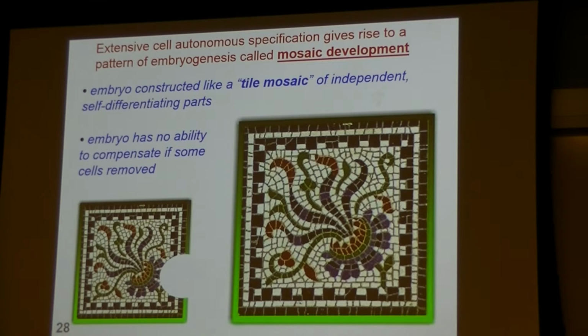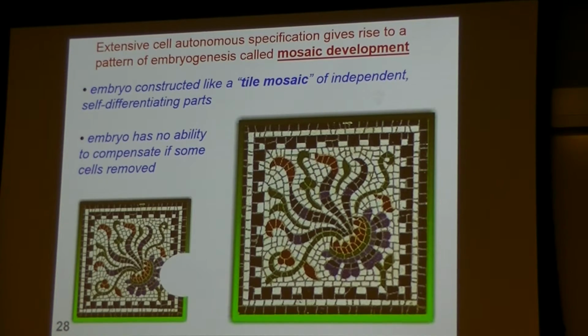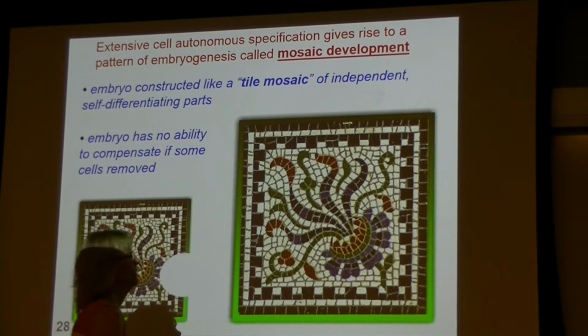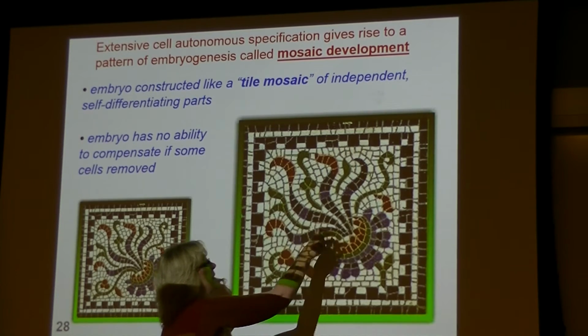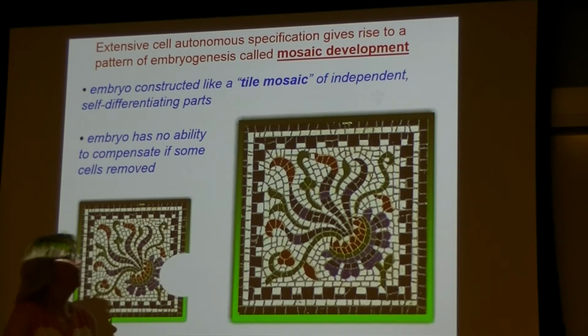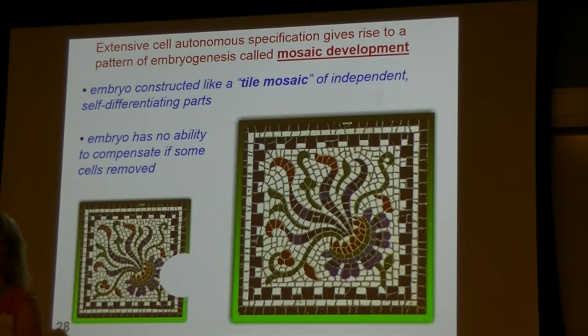So we could have just taken the same exact number of tiles with these colors and put them together in any number of different patterns. But when you put them together this way, you get a flower, you get some leafy structures, you get a repeating type of border. So you get some function or some organization and some added meaning to this just based on how the tiles are arranged.